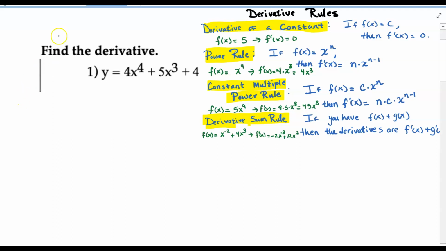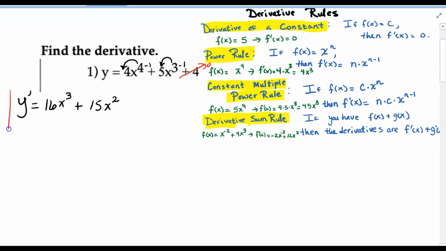But let's take a look at y prime here. If y equals 4x to the 4th plus 5x cubed plus 4, then y prime, its derivative, is going to be 4 times 4, 16, and then x to the 4 minus 1, which is 3, plus 3 times 5, which is 15, x to the 3 minus 1, which is 2, and then the derivative of 4 is just 0, so we don't have to worry about it.